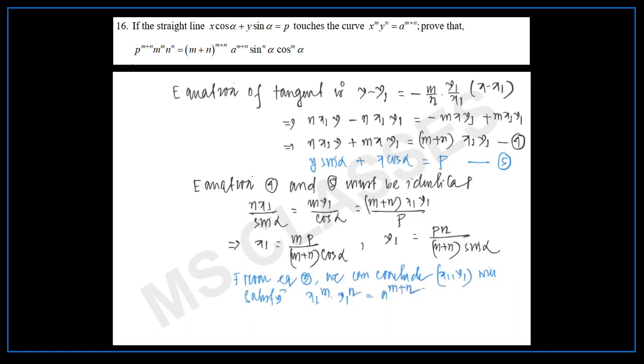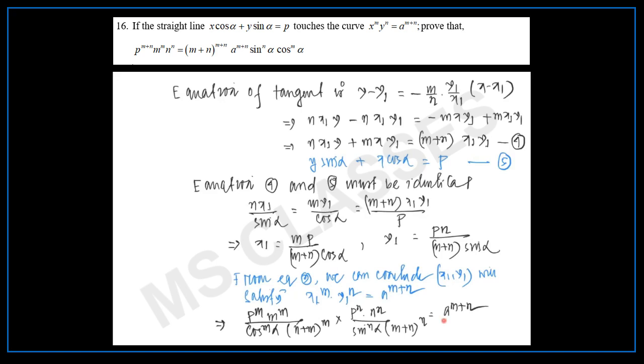Now if we substitute the values of x1 and y1, we get p to the power of m into m to the power of m by cos to the power of m alpha into (m plus n) to the power of m, into p to the power of n into n to the power of n by sin to the power of n alpha into (m plus n) to the power of n, and that is a to the power of m plus n.